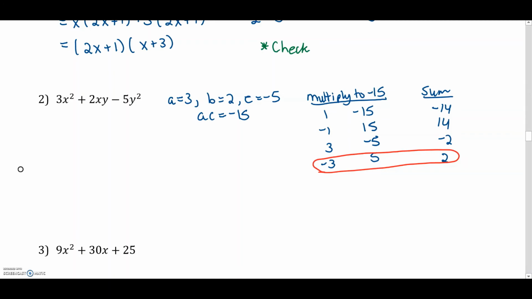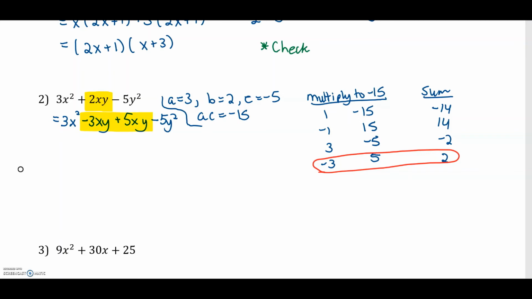We can decompose our middle term in our function to have the values -3 and +5. So we write this as 3x squared minus 3xy plus 5xy minus 5y squared. So all you've done is replaced our term bxy with two terms that equal the same value.